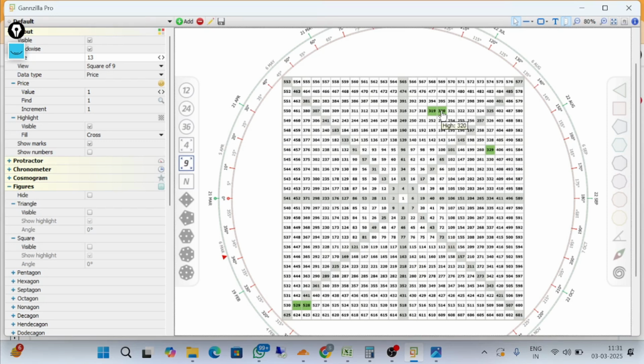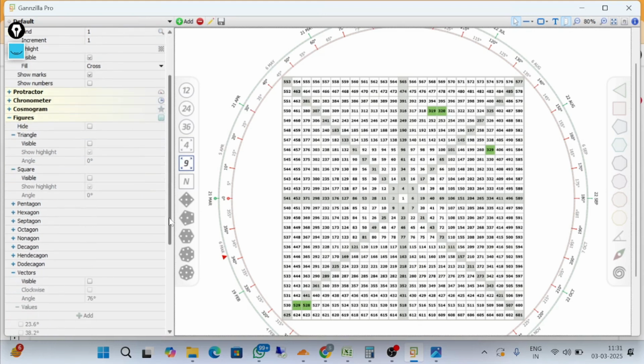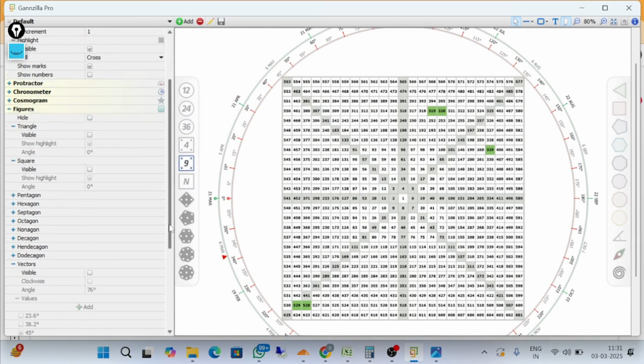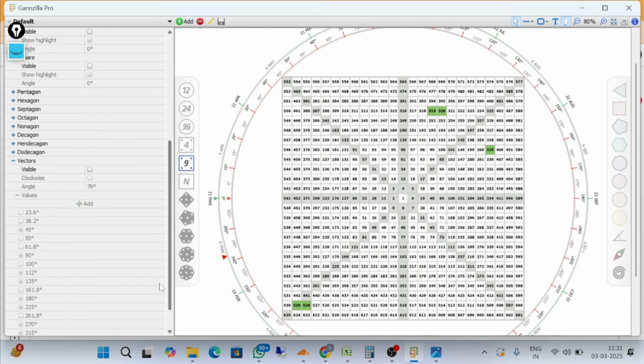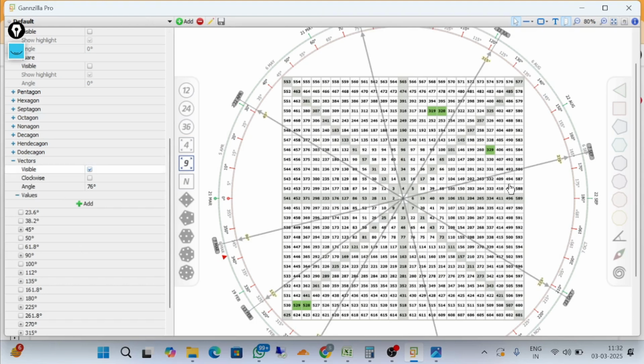So how can we find it without the actual calculation, by just drawing the lines. For this method you have to use figures. Now what kind of figures can you use? The figures you can use are vectors. Now see, here are the vectors.